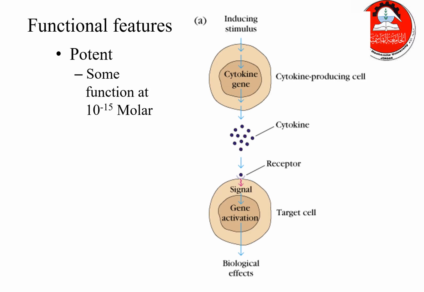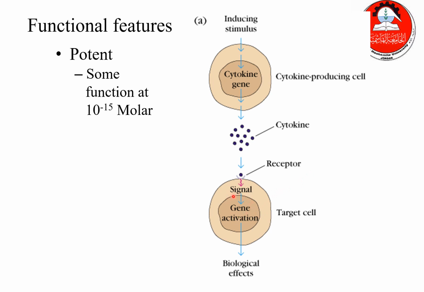Functional features, potent, so the inducing stimulus is going to lead to activation of the cytokine gene to produce the cytokines from this cell, and it is the cytokine going to bind to the receptor on the nearby cells or the same cell that has released the cytokine.